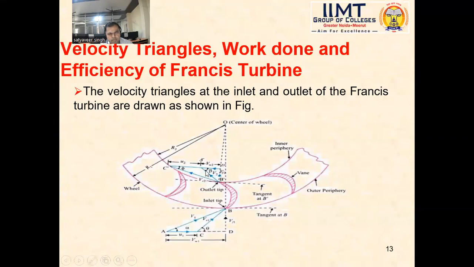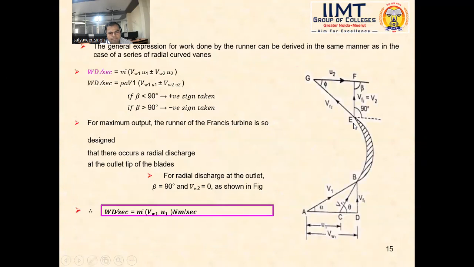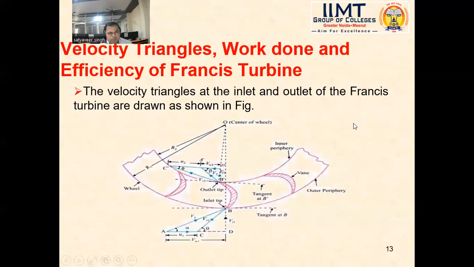We can say that a number of parameters are concerned. Here we have U2 and VW2, the velocity of whirl at section 2, and VW1 is the velocity of whirl at section 1.